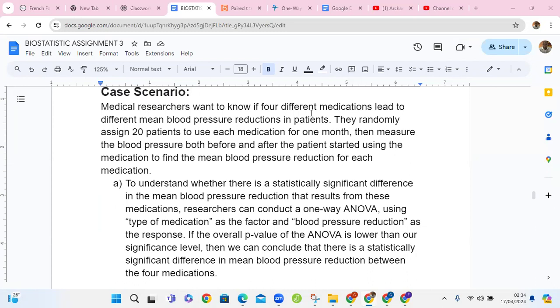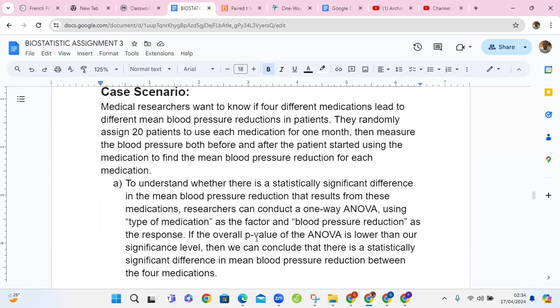Researchers can conduct a one-way ANOVA using type of medication as a factor and the blood pressure reduction as a response. Because for one-way ANOVA, you must have a qualitative independent variable called a factor, and here it is type of medication, and a dependent quantitative variable, which is blood pressure reduction in that case.